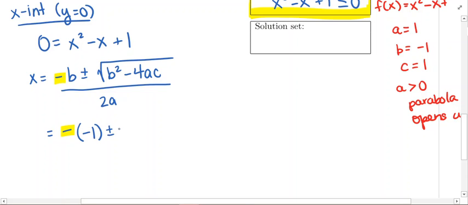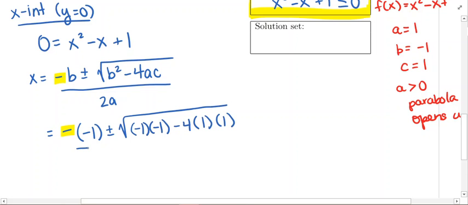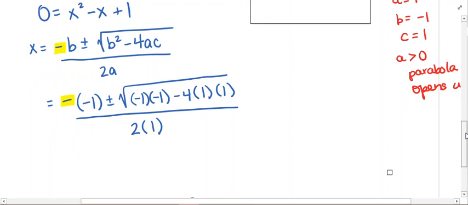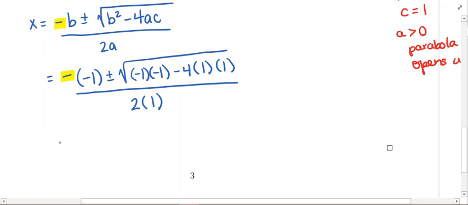Plus or minus the square root of b squared. So I'm going to multiply b by itself, minus 4 times a times c, all over 2a, so 2 times a. This is what it looks like if you plug in. Let's go ahead and simplify to get our x-intercepts.